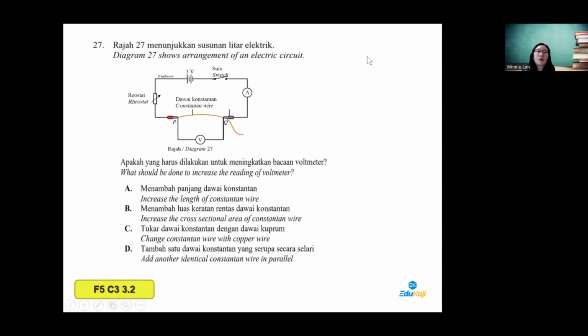Diagram 27 shows an arrangement of an electric circuit. What should you do to increase the reading of the voltmeter? You have a rheostat here also. As you all know, generally the formula is V equals I R. Of course, this question actually misses out an important statement.